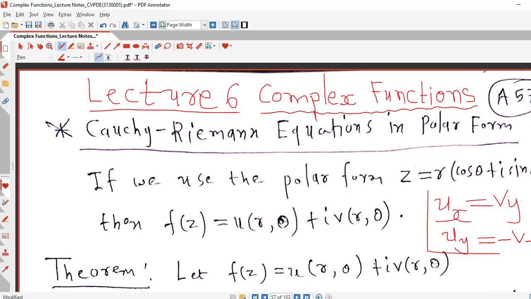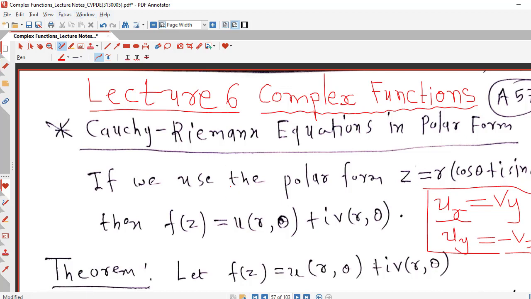Here x and y are called Cartesian coordinates, but sometimes if we are using polar coordinates instead of Cartesian coordinates, we may have a more comfortable or easy method.